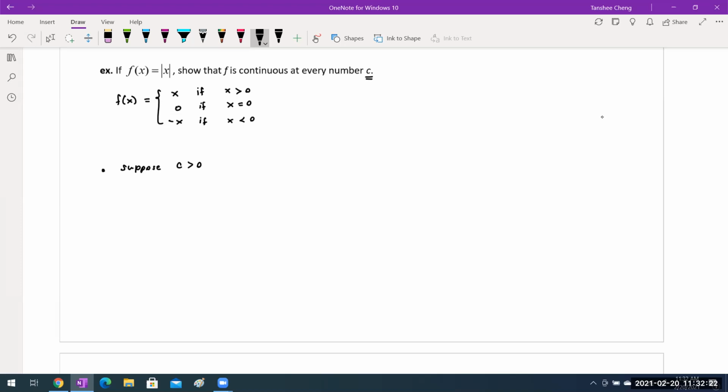If we are looking at the piecewise absolute value function, then any C value is on this part of the graph, this portion right here, greater than 0. So in here, we need to show, like before, is f of C defined, and does the limit as x approaches C of the function exist?